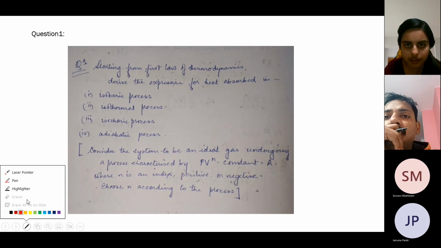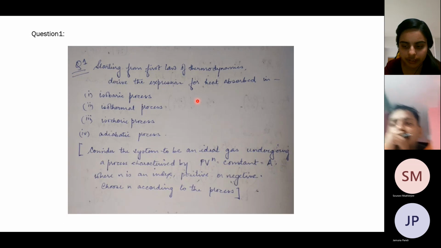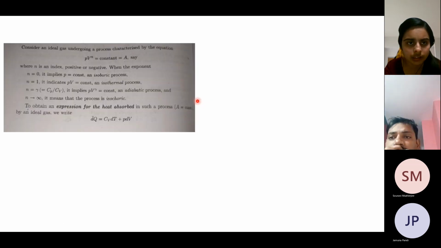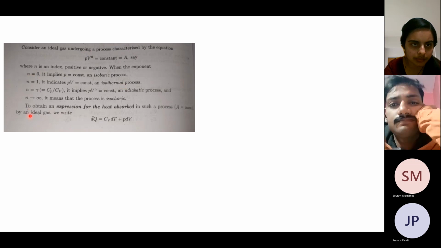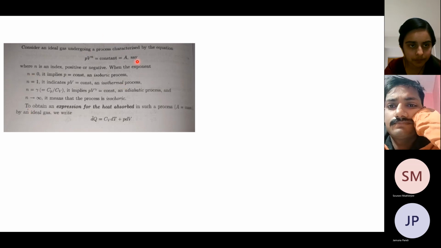Okay, so we want to find the expression for heat. So this is how we find the different values of n for different processes.